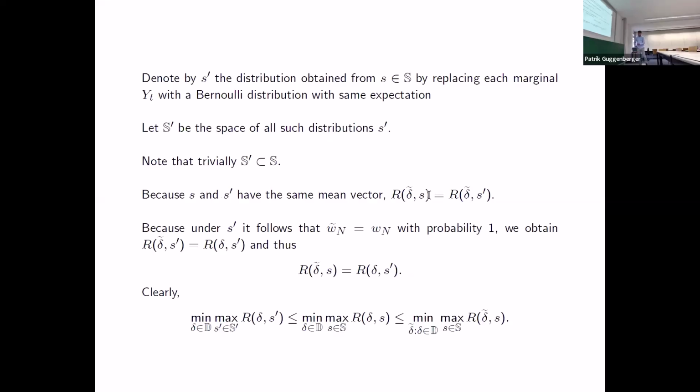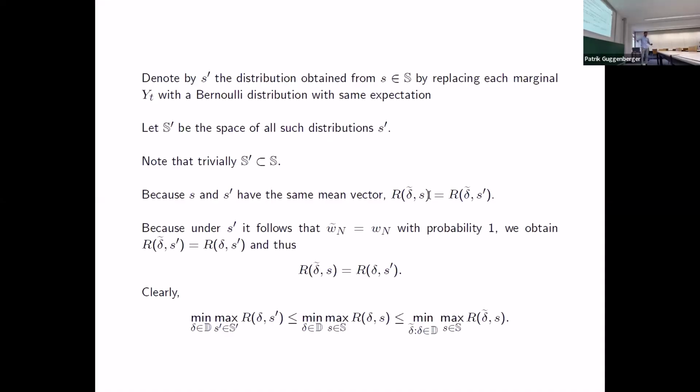Then last observation, because S prime is a Bernoulli distribution, it only generates data with zeros and ones. So if you talk about coarsening such a data set, you're not changing anything because you already start off with zeros and ones. So under S prime, the coarsened sample is equal to the original sample.